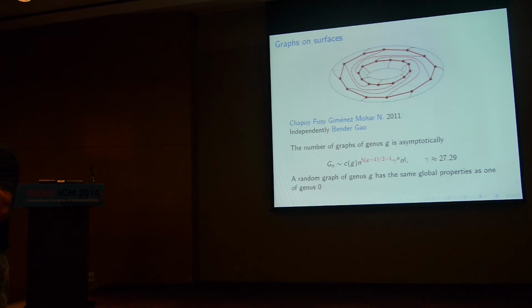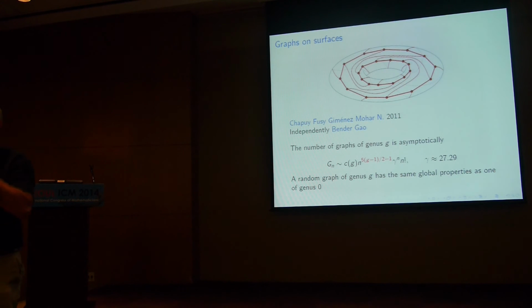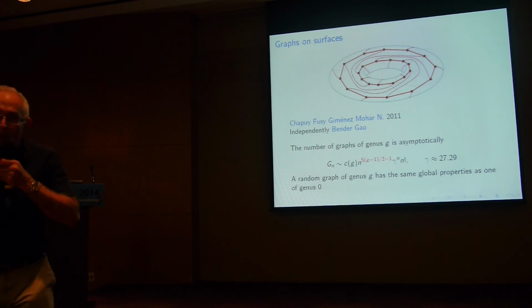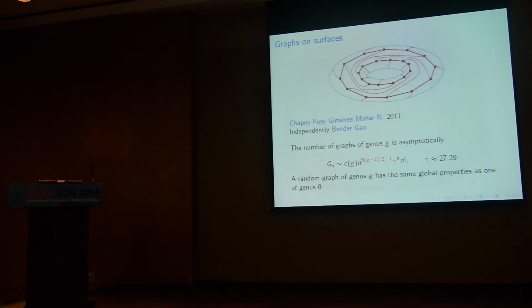So if we do the following experiment, you fix a genus, let's say 20, and you give me random graphs from this genus and tell me which is the genus. If I just look at these statistics, I cannot tell. I really have to go into the graph and compute the genus of the graph, because macroscopically they are indistinguishable from planar graphs.